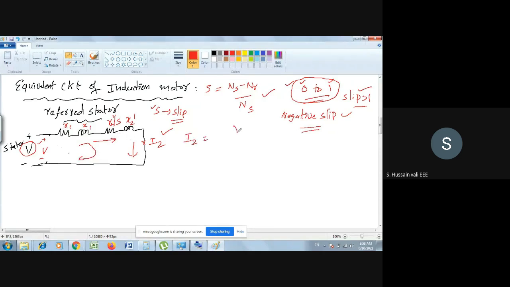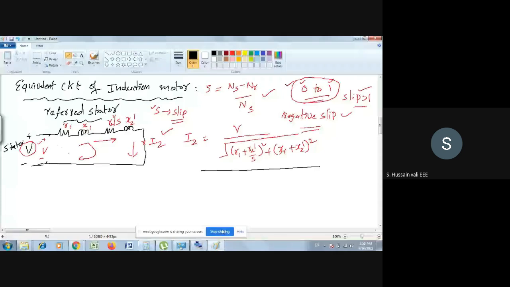Simple: V by square root of (R1 plus R2 dash by S) whole square plus (X1 plus X2 dash) whole square. So this is your I2.